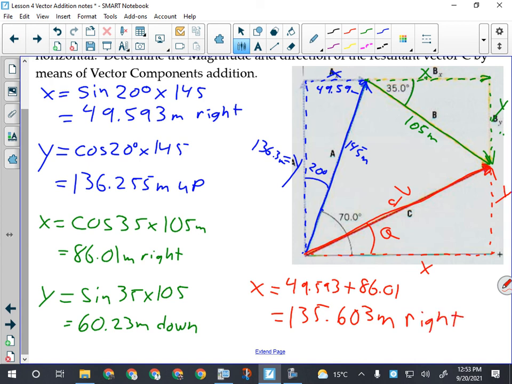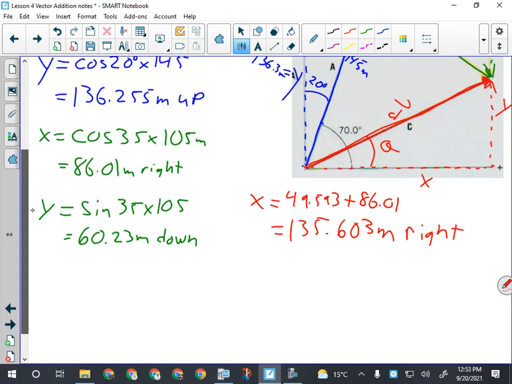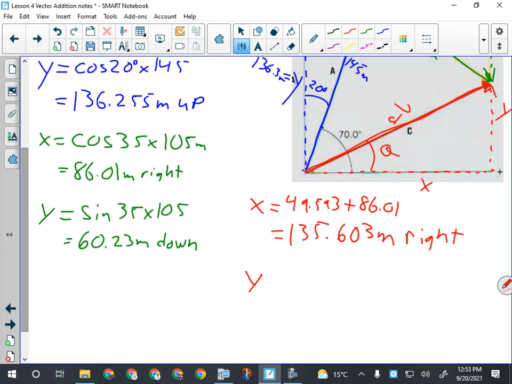Okay. The next thing I want to calculate is my overall y, so red y. Now, I still add. This is, after all, called vector addition. But one of these is up and the other is down. So one of them needs to be negative. So I'm going to make blue y, which was 136.255, the positive one, because up is generally positive. Okay, so 136.255 plus negative 60.23.